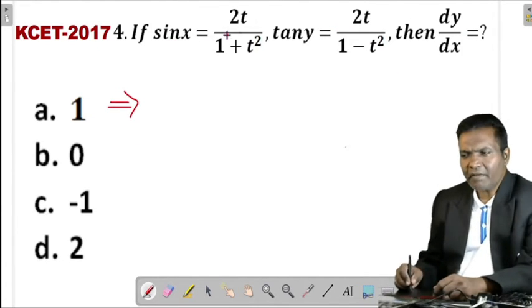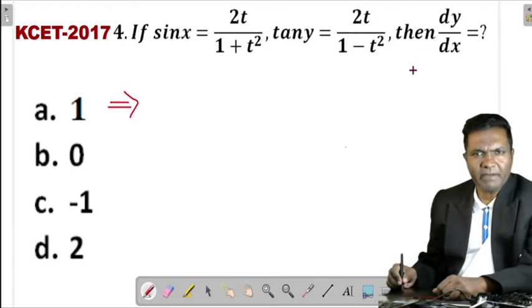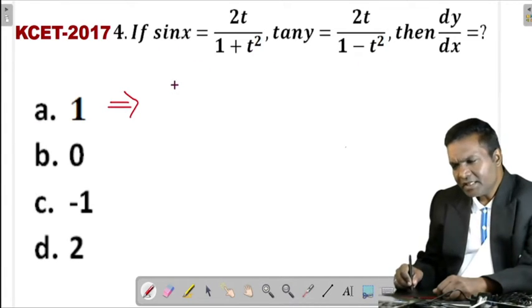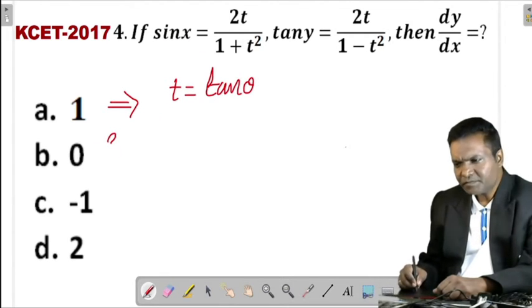If sin x equals 2t by 1 plus t square and tan y equals 2t by 1 minus t square, then dy by dx is how much? If I put t equal to tan theta, see here what we get.